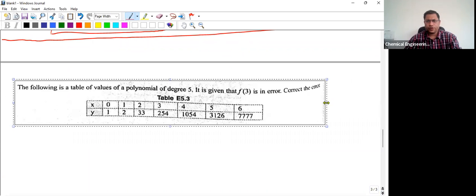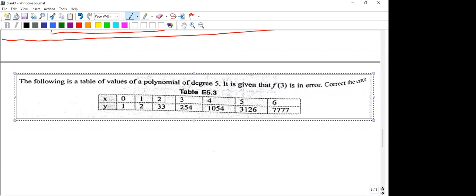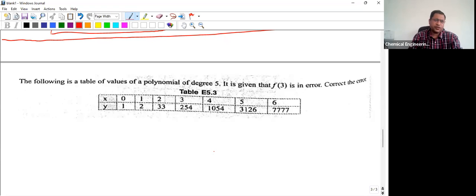I hope you are able to see this. Yes, sir. So we have another polynomial of degree 5 again. Okay. And it follows this data. Here it is given that f of 3 is in error. Okay, so this term is in error. So what we have to do is correct this value. Okay, so let's go with the solution.